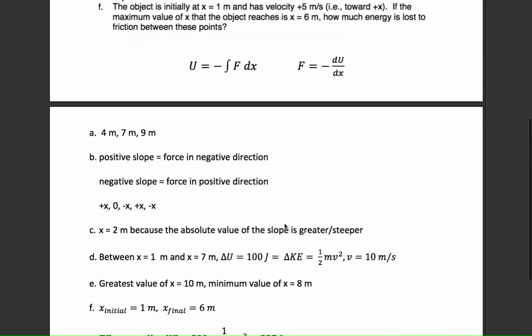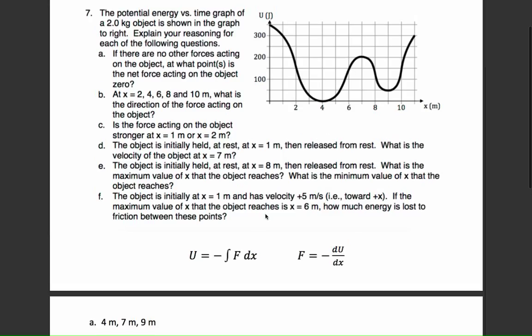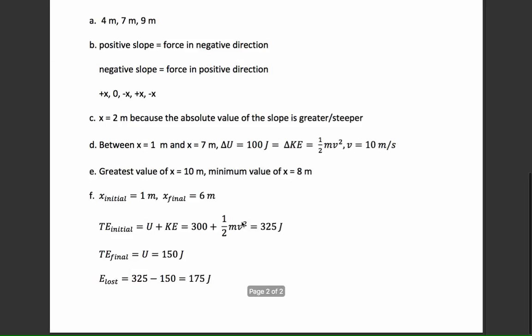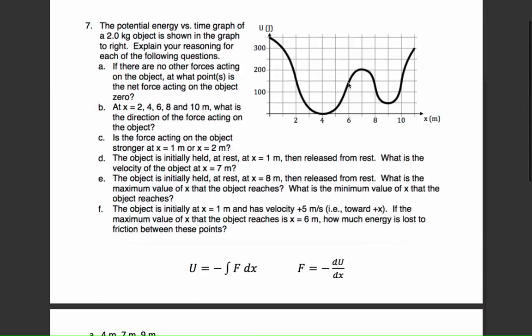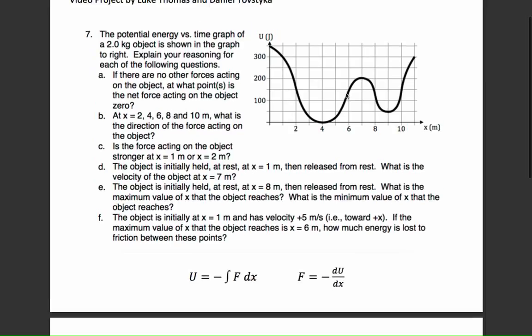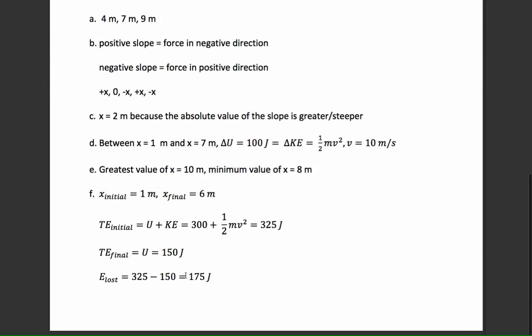But the question says the object stops at x equals 6 and asks how much energy is lost to friction. If it stops, the only energy it can have at x equals 6 is potential energy. Since it is not moving anymore, kinetic energy is 0 because the velocity is 0. So the energy lost is 175 joules, and that is the work done by friction.